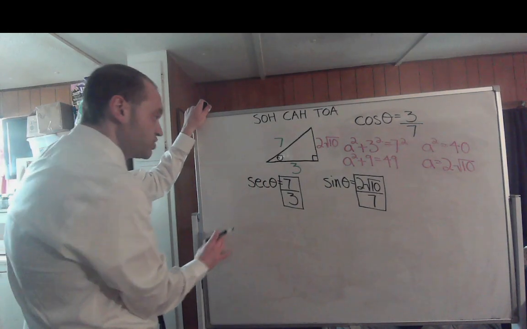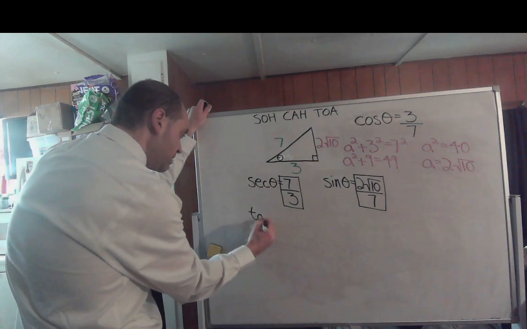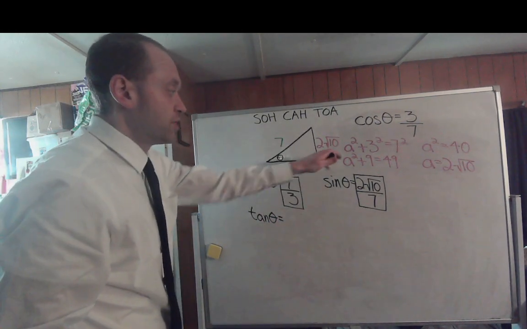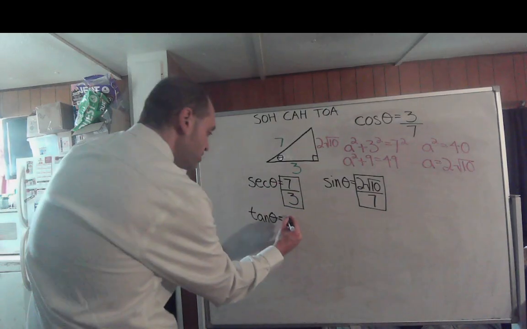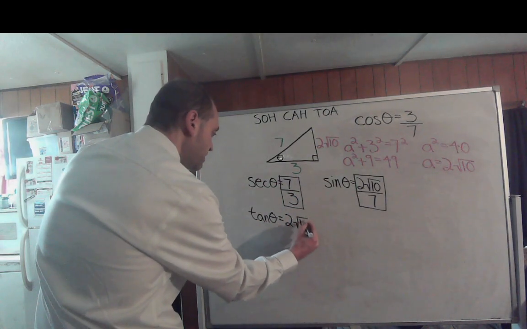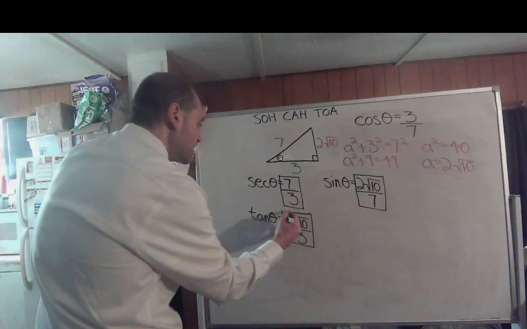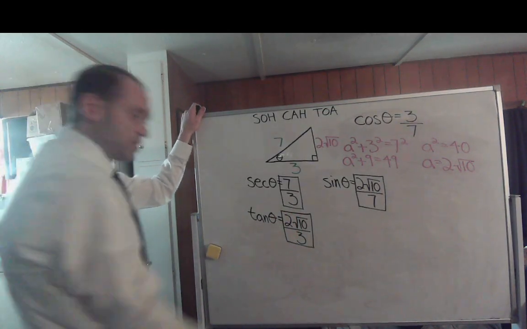Let's find the tangent. The tangent of theta is your opposite leg over your adjacent leg. So that would be 2 times the square root of 10 all over 3. That would be your tangent. Alright, let's find the cosecant.